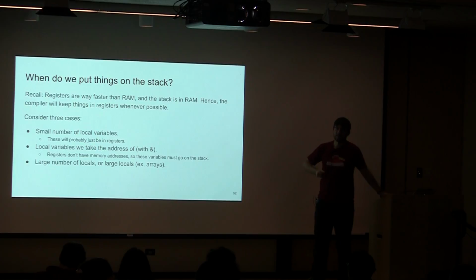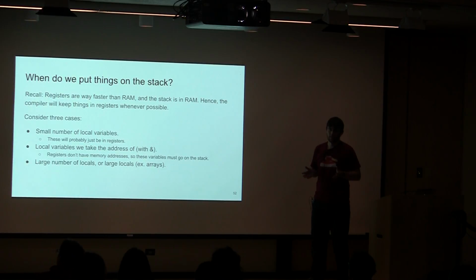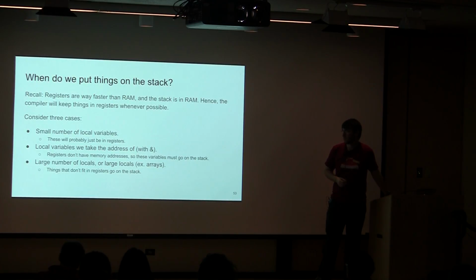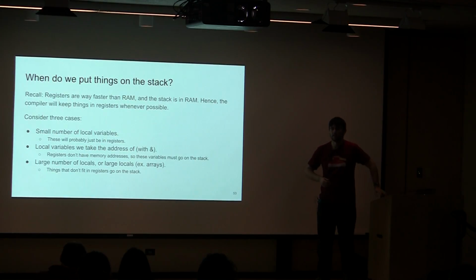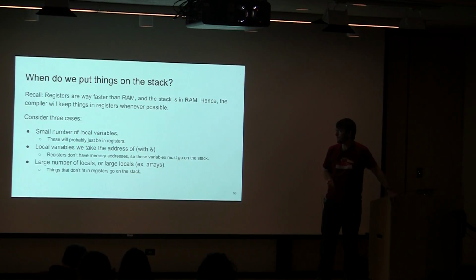And then if we have a lot of locals, or if we have large locals like arrays, that's what happened in the case that we just looked at, then those also might have to go on the stack, because there are only so many registers, so eventually you're going to run out. And if it's a large variable like an array, it doesn't make sense to put that in a register either. Cool.